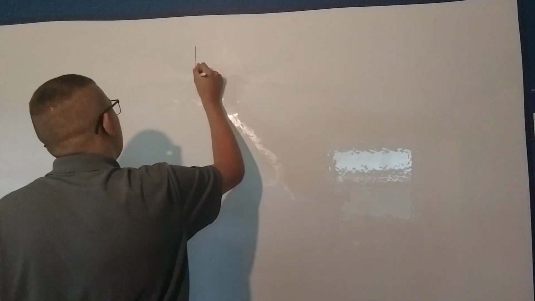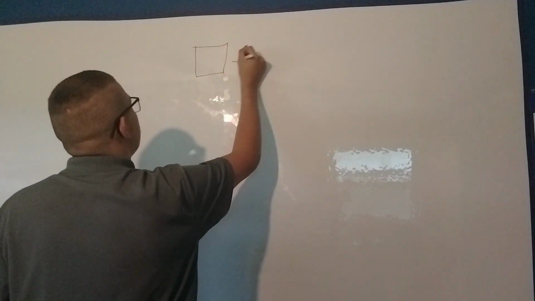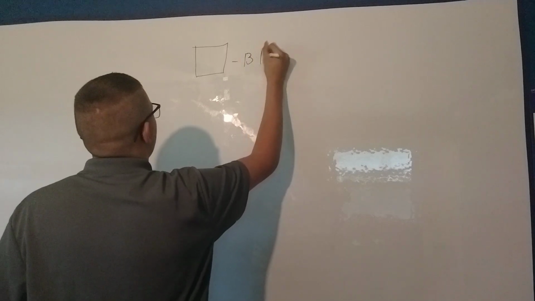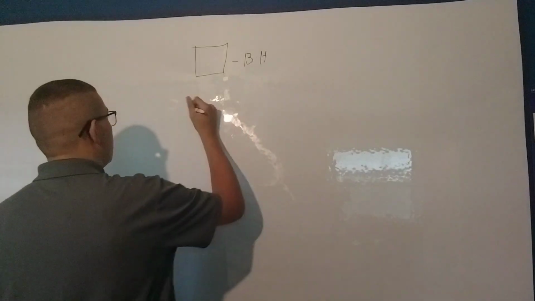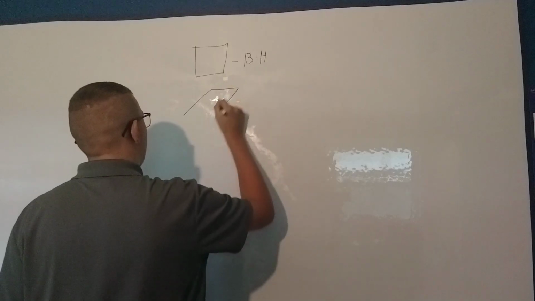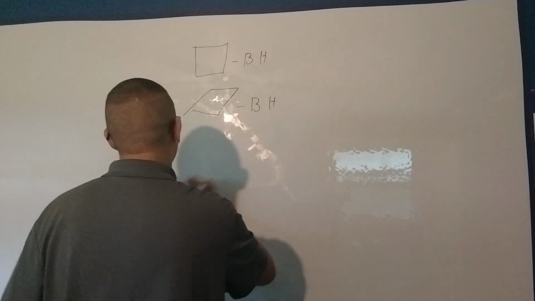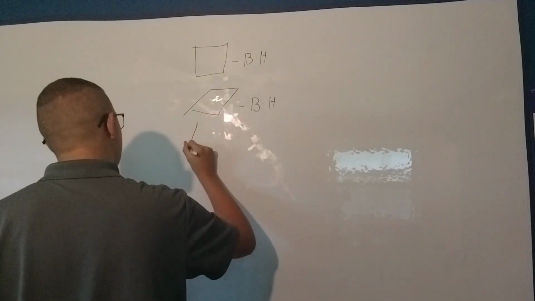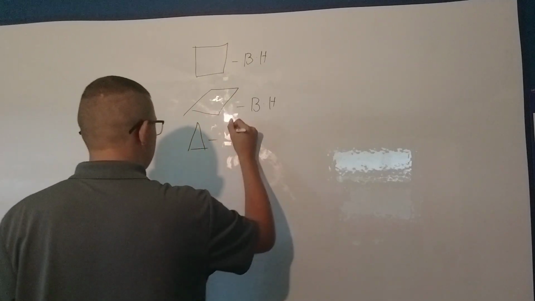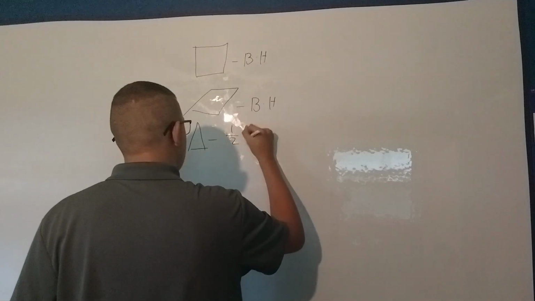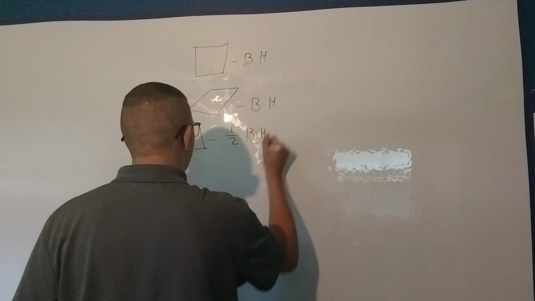Okay, well, so first, for any shape, right? Like a square, this is just base times height. If you have a parallelogram, this is just base times height. If you have a triangle, this is just 1/2 base times height.